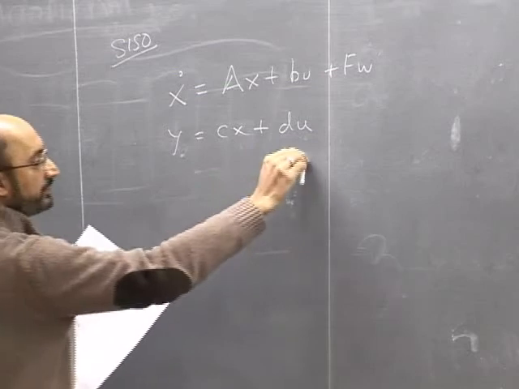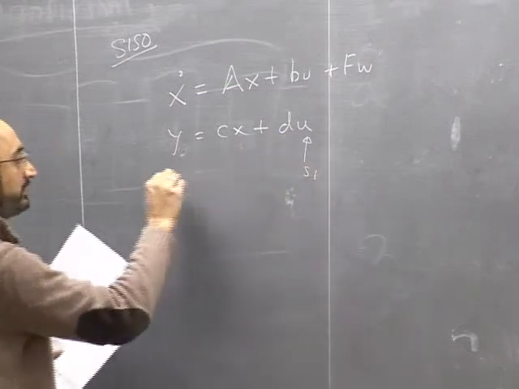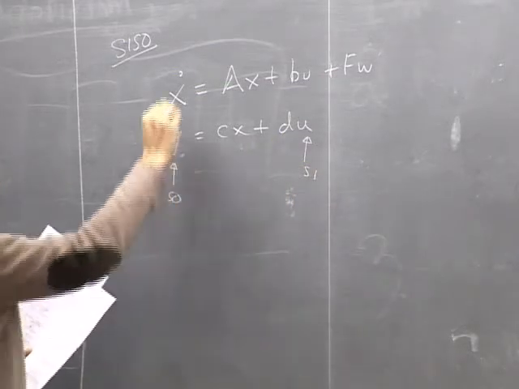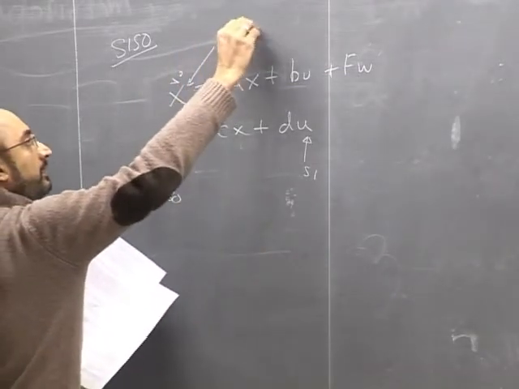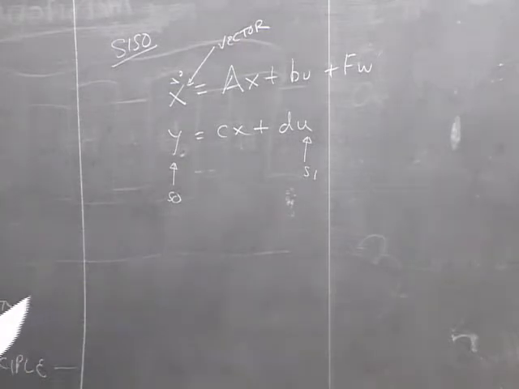So we have a single input over here, a single output over there, and the state is a vector. We can allow the state to be a vector, and this is like a stepping stone to get to the multiple input, multiple output system, but we'll just start with this for simplicity.